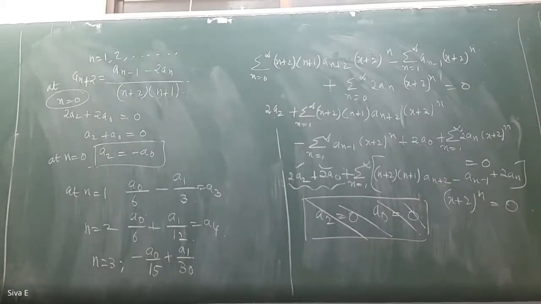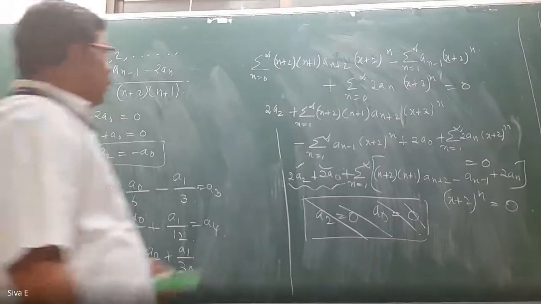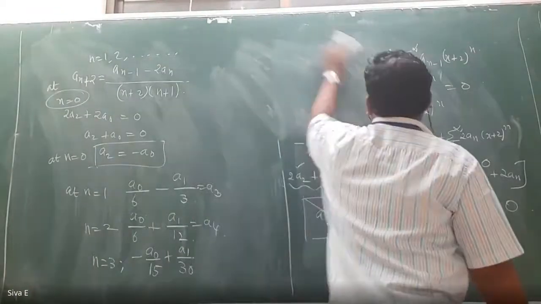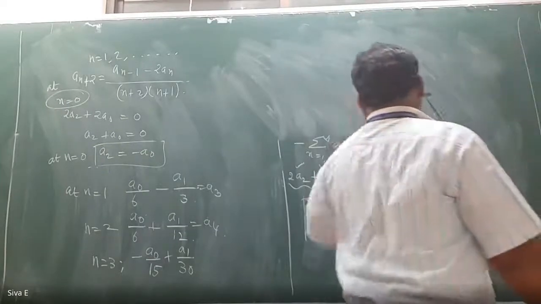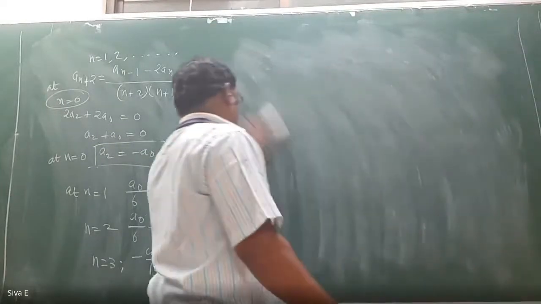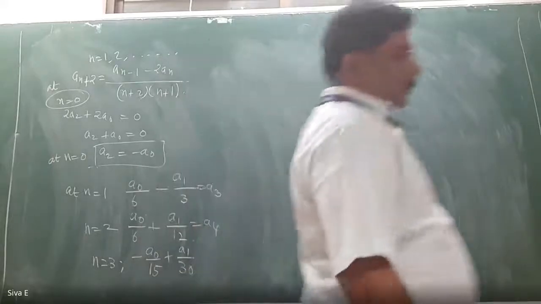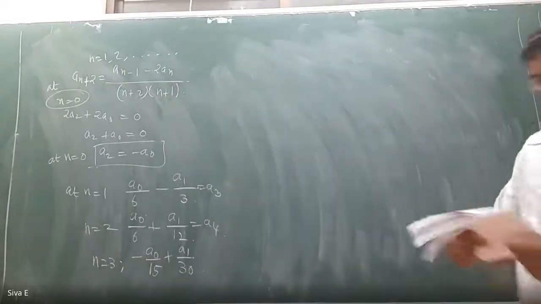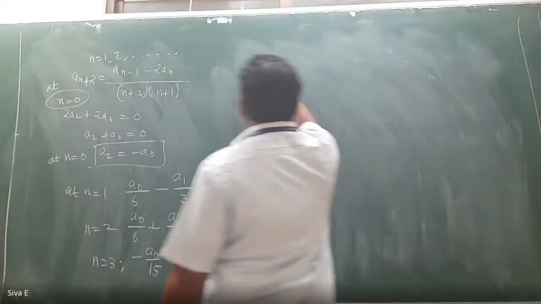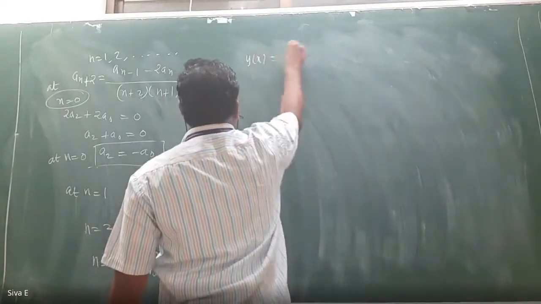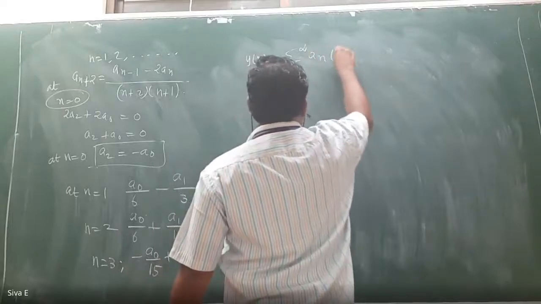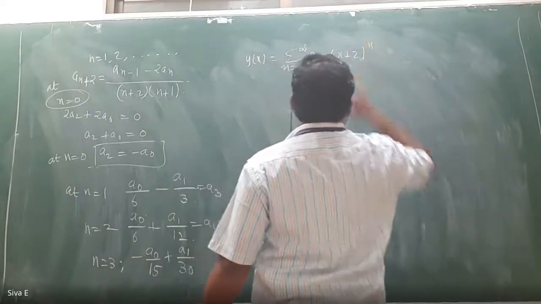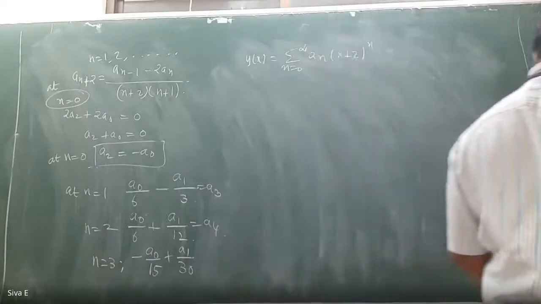So y of x equal to, what is y of x here? y of x equal to summation n equal to 0 to infinity an into x plus 2 whole power n.